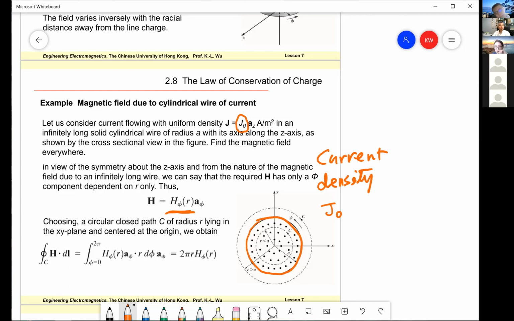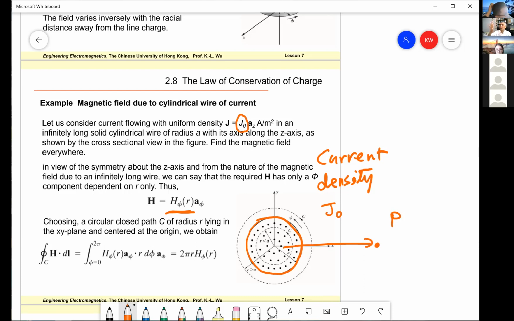The reason is, let's recall the Biot-Savart law. If we have a point P, and this is a current element pointing to the point P, we use the right-hand rule.